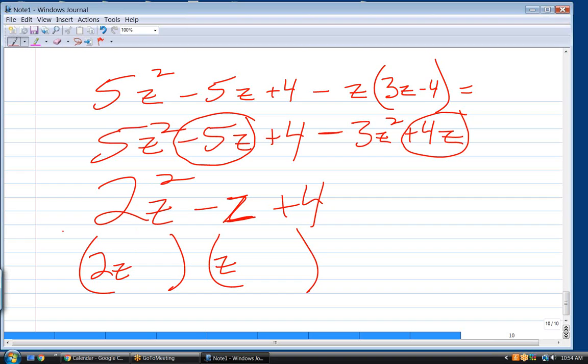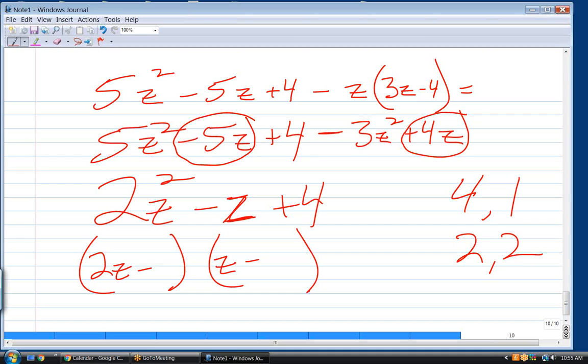What are the signs? Both minus. And I've got a couple of choices on 4. There's one set of factors, and there's the other set of factors. I can't use my step 3 rule because this is a 2 and that's a 1, so that rule goes out the door.